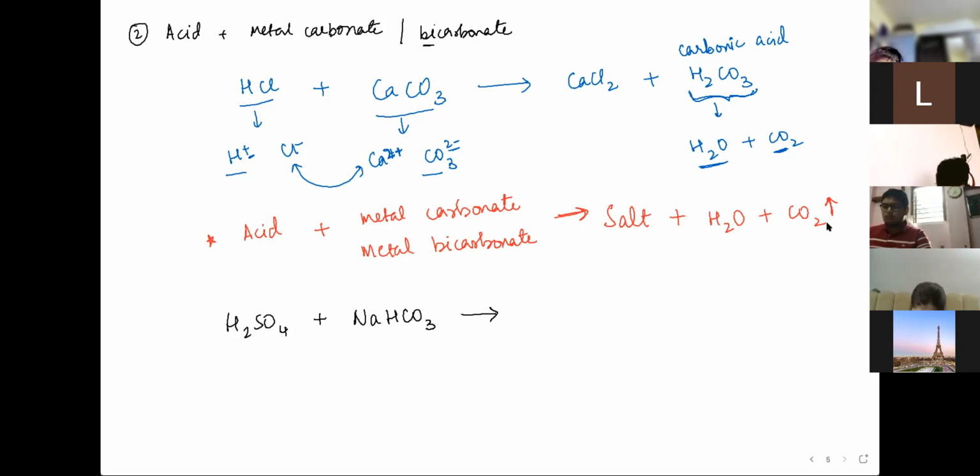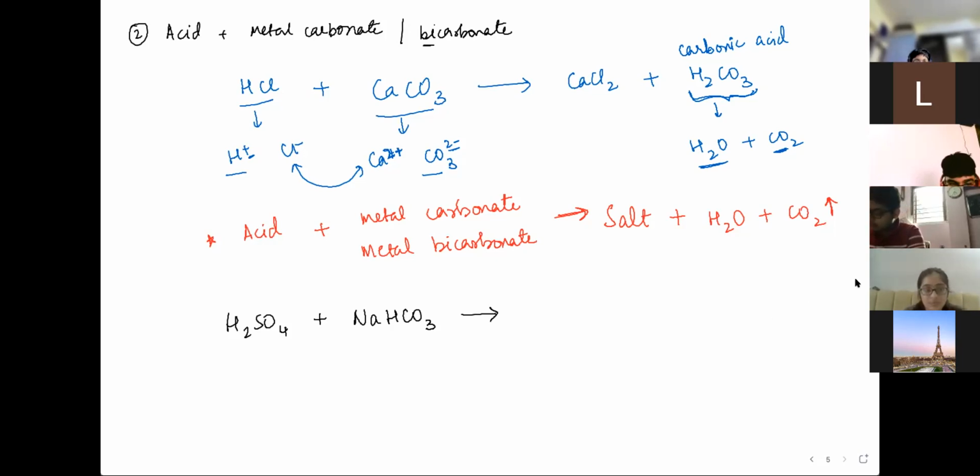Otherwise, products are right. The salt's formula is wrong. Yeah, balance. Oh, I forgot to mention 2. Aditya and Puneet have sent. Okay, Mansi, you're working it out. Anirban.